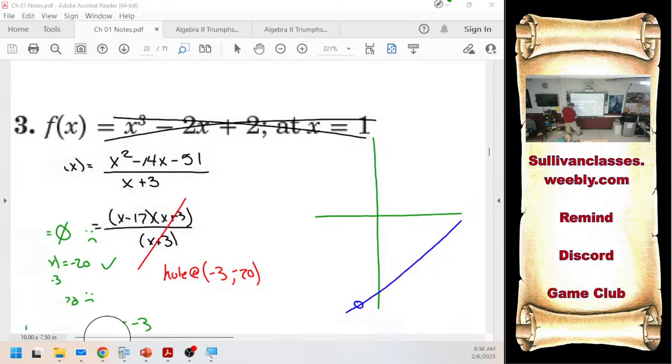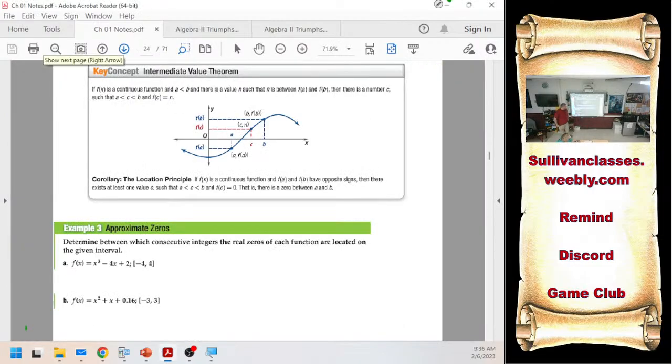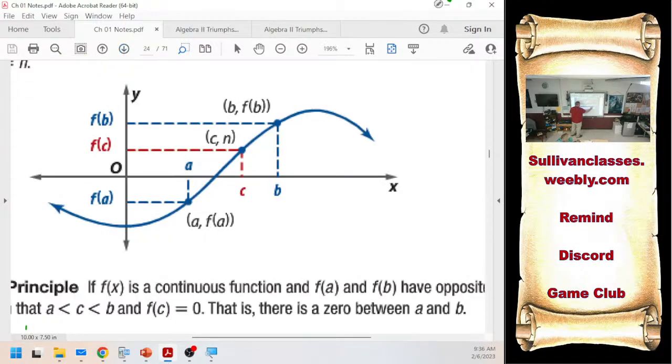Now, this other stuff about limits, intermediate value theorem. This is one of those lame things that we would have learned with our polynomial root theorems. All right. What happens when I plug in a number into my function and I get a negative?